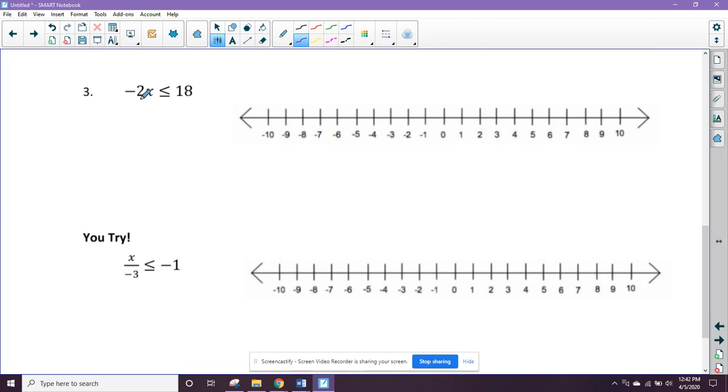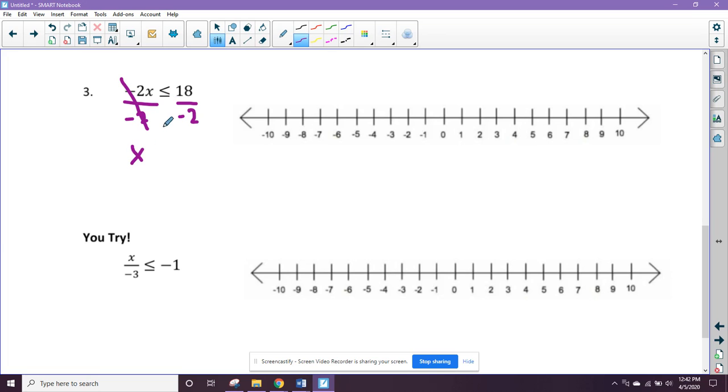Okay, number 3, we got -2x. We gotta get that x by itself. It's multiplication, so we're going to divide by -2. And here we are dividing by a negative, so our very important rule comes into play. So we bring down our x.